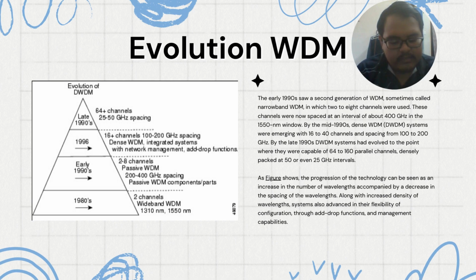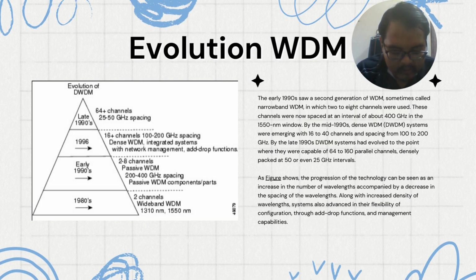The early 1990s saw the second generation of WDM, sometimes called narrowband WDM, in which two to eight channels were used. These channels were spaced at intervals of 400 GHz in the 1550 nanometer window.